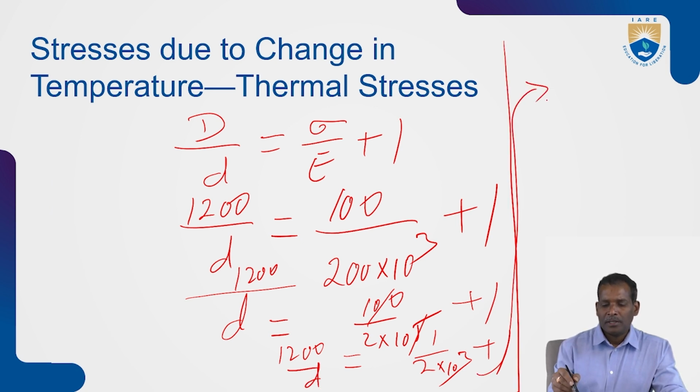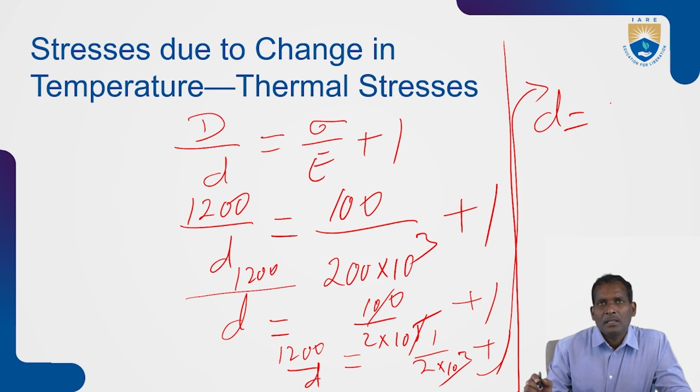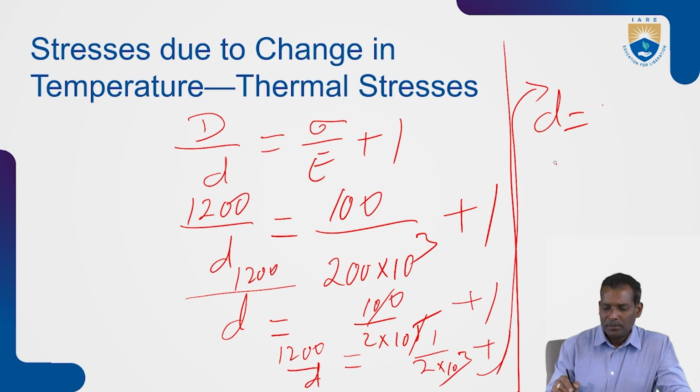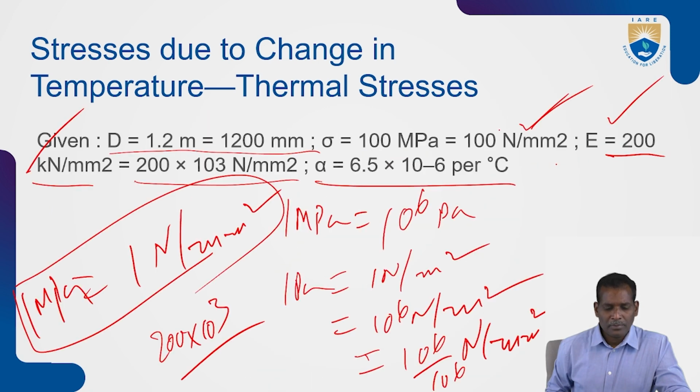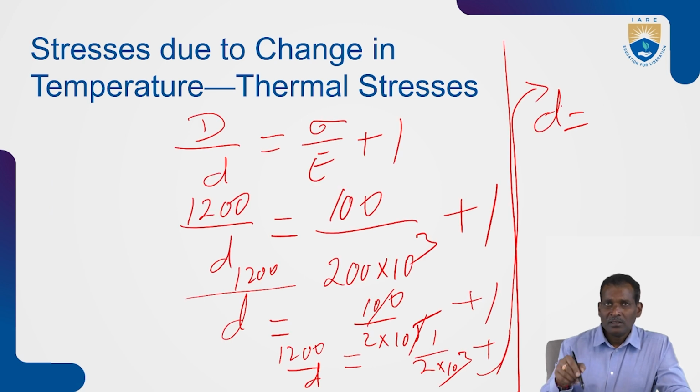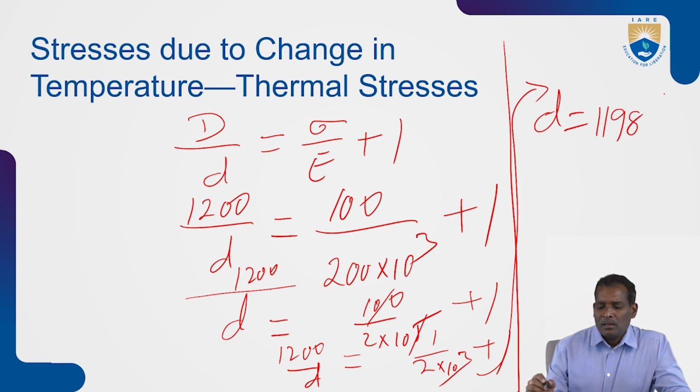So simplify this equation, the capital D, small d. Capital D is given as 1200 mm. The small d you will get, the inside diameter, 1198.8 mm approximately. So inside diameter.